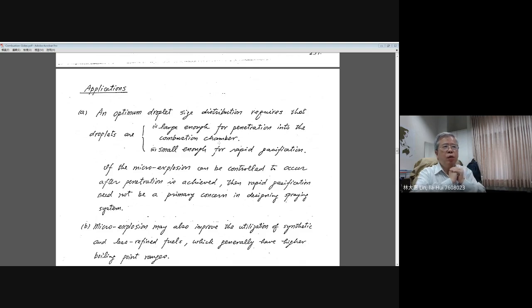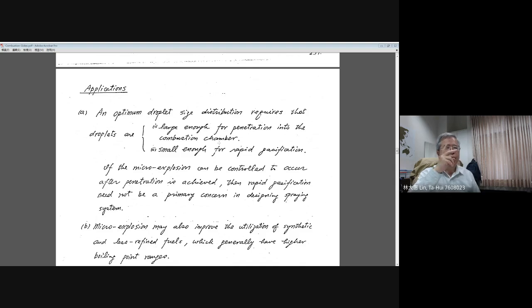That means small droplets will give you a good and rapid gasification, and provide a complete combustion. Therefore, you will prefer to have a group of droplets with a smaller size.